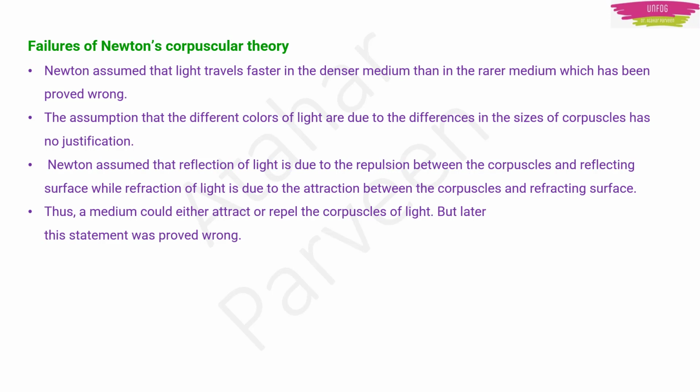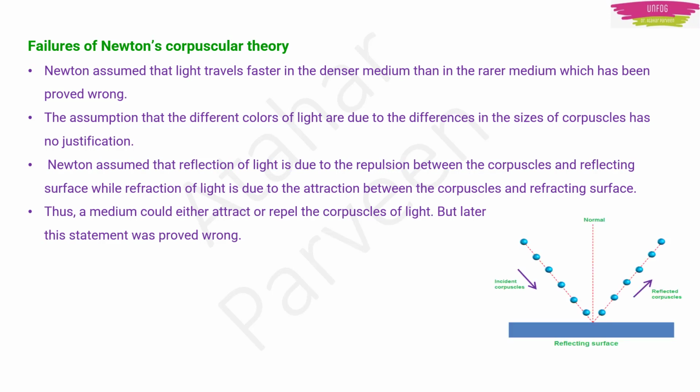If it is denser, it will become slower; if it is rarer, it will become faster. That's all we have learned. See in this figure, the incident corpuscles will be incident on the surface and then they will reflect. That's all. The surface has nothing to do with the light. It will neither attract nor repel. So this statement was also wrong.